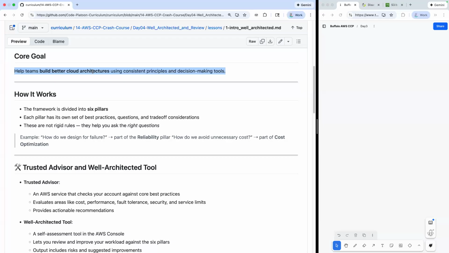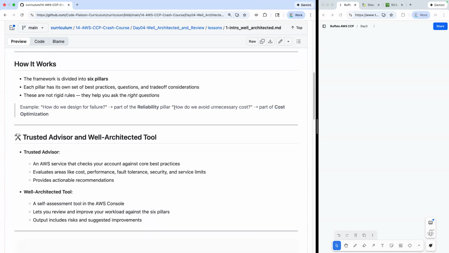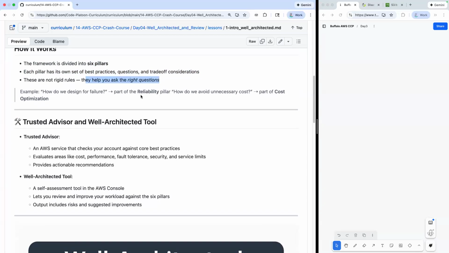Help teams build better cloud architectures with consistent principles and decision-making tools. It's got six pillars. Each pillar has its own best practices. They are guidelines to help you ask the right questions. For example, how do we design for failure? Well, if we're talking about failure, we're talking about resiliency, reliability, robustness. So this falls under the reliability pillar.